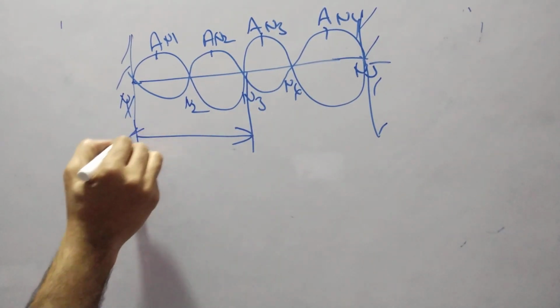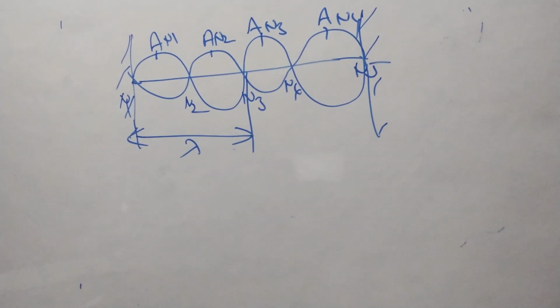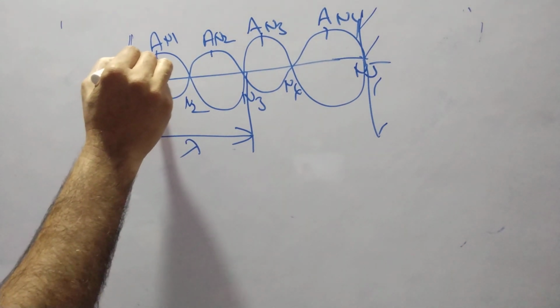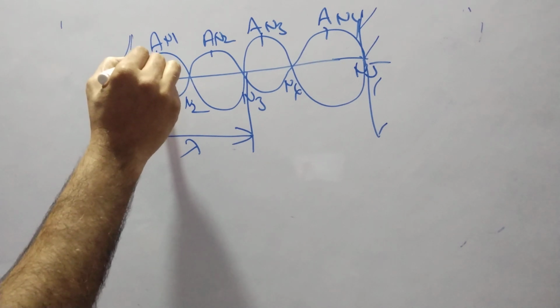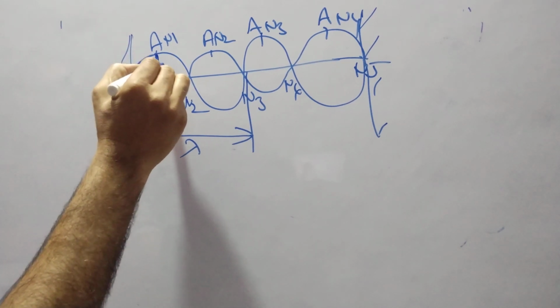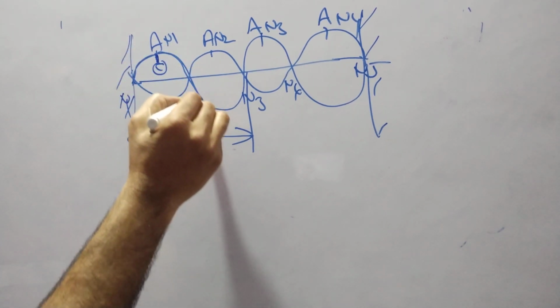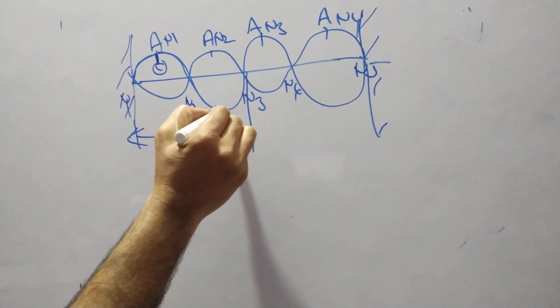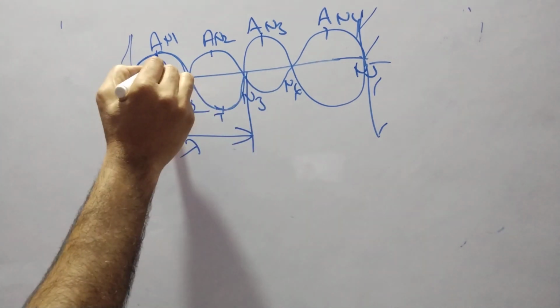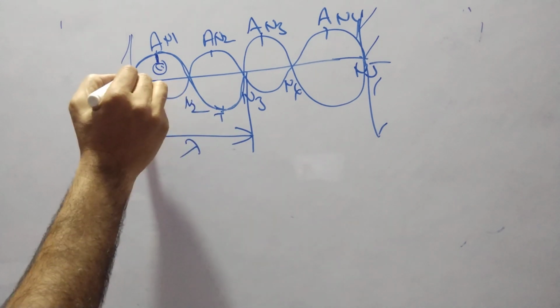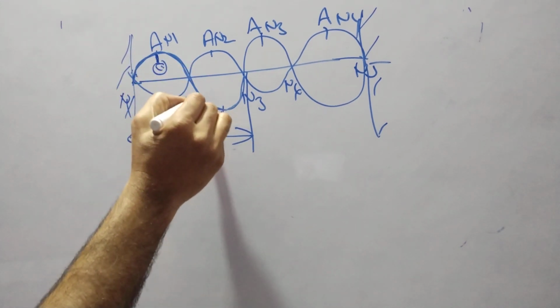What is one complete wave cycle? It is lambda, that is wavelength. In a transverse wave, this is known as crest and this is known as trough, already explained in the previous videos. One crest and one trough together make a complete wave cycle.